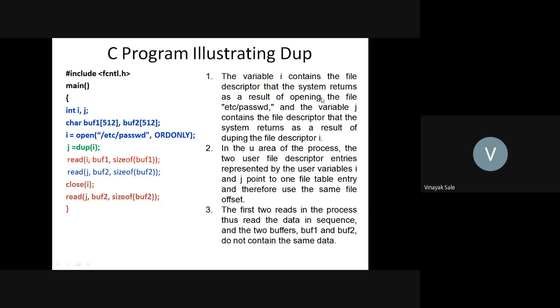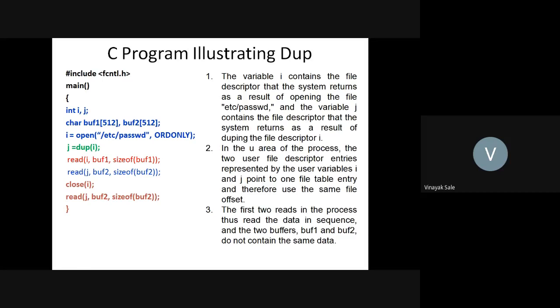Here, the variable i contains the file descriptor that the system returns as a result of opening the file /etc/passwd. The value of i indicates the file descriptor the system returns as the result of opening a file, and j contains the system's return value from duplicating the file descriptor i.